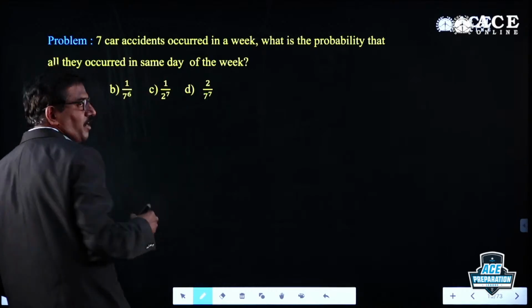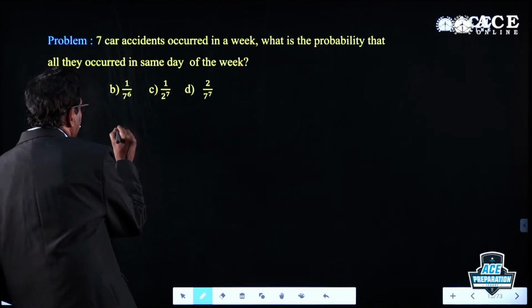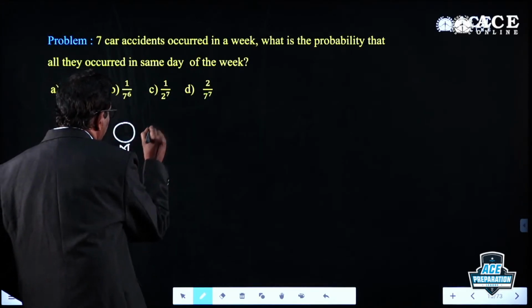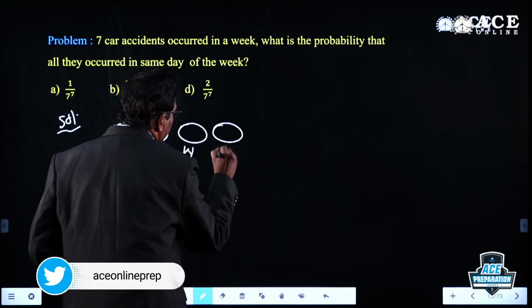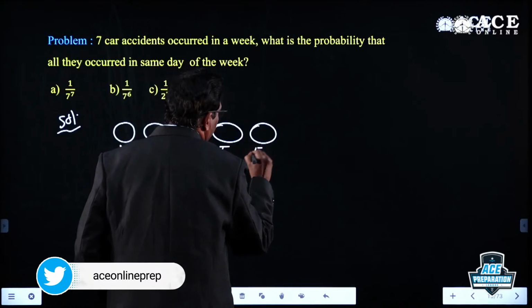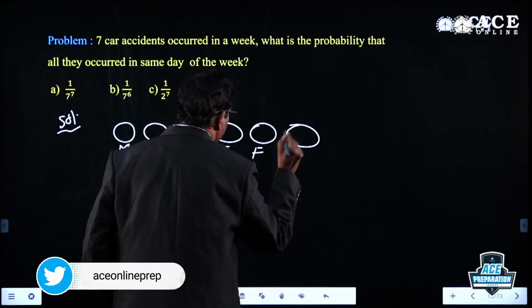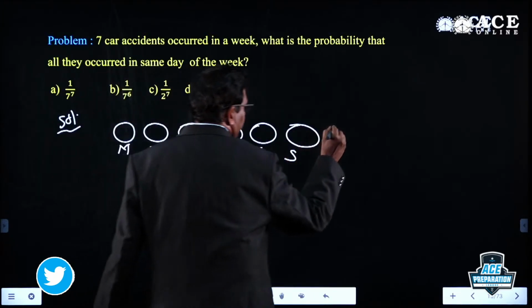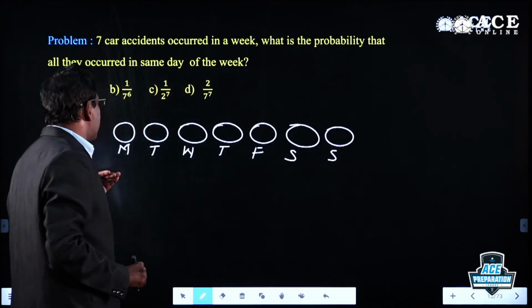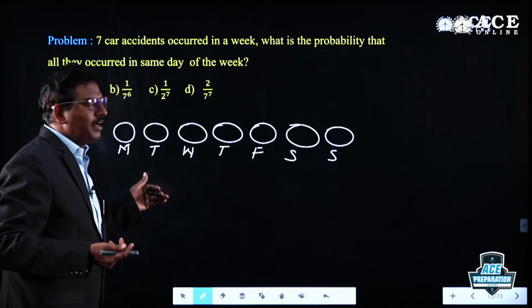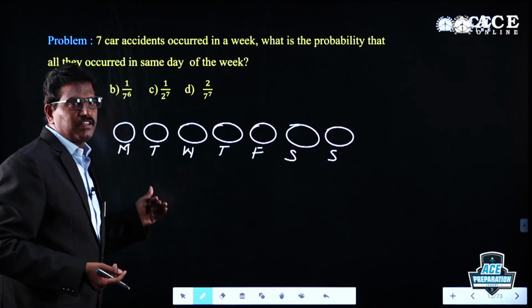So for a week, how many days are there? I am taking them like this: Monday, Tuesday, Wednesday, Thursday, Friday, Saturday, Sunday, 7. 7 car accidents occurred in a week means on Monday, how many possibilities are there for the accident?